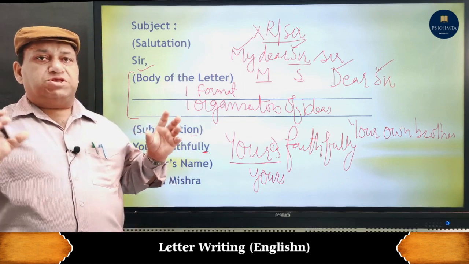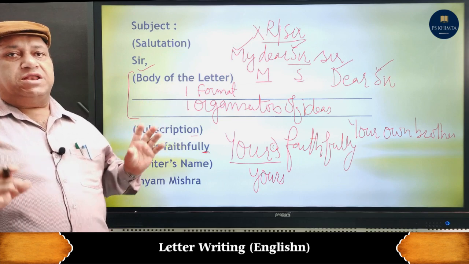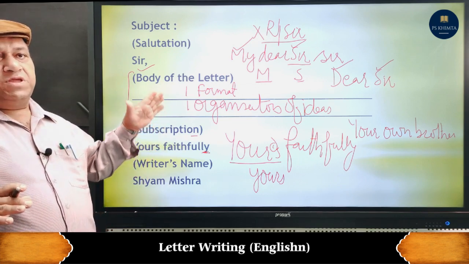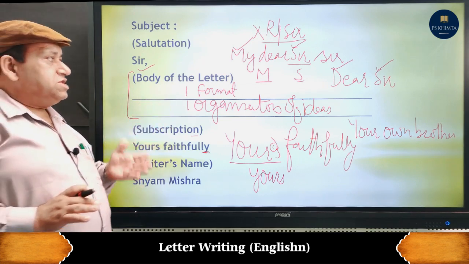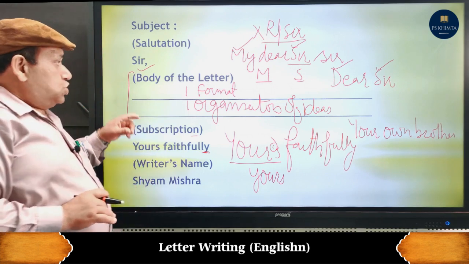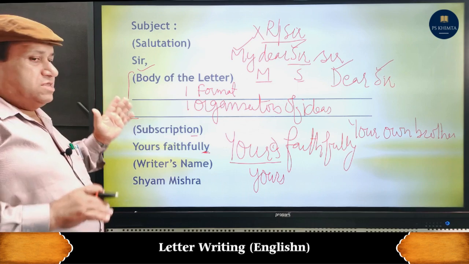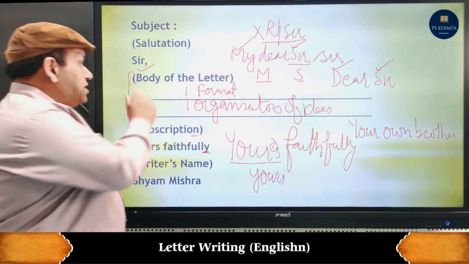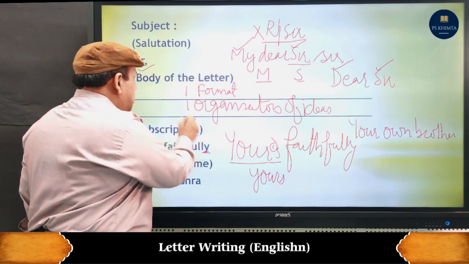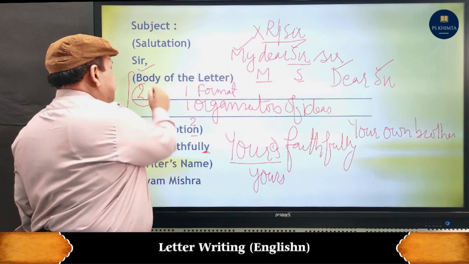So we have to keep this order systematic, so that it goes on systematically. So ideas are important in the letter. They should be systematically written. And 1 mark is for this, and 2 marks for the body.